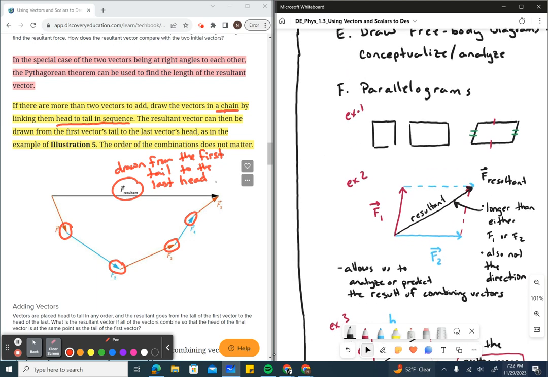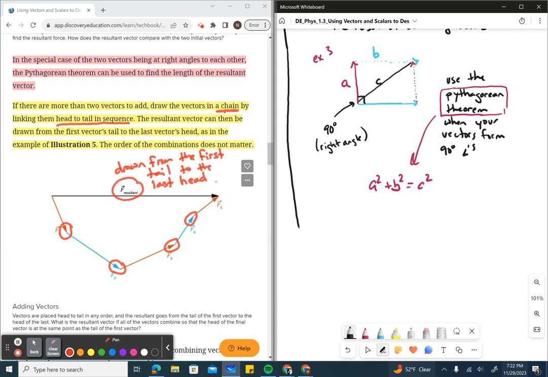So let's just write this as letter G. When dealing with more than two vectors, draw them as a chain.